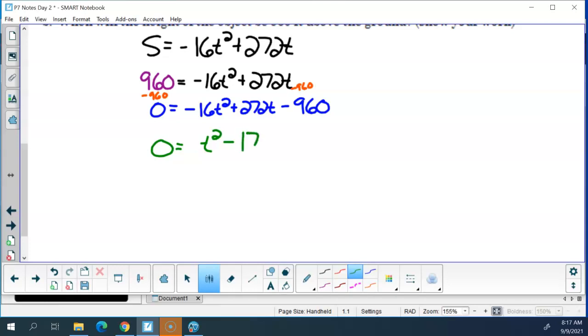So it'd be minus 17 because we're factoring out a negative 16. 960 divided by 16? 60. But it would be plus 60. Is that factored? Are there two numbers that multiply together to be positive 60 and add to negative 17?